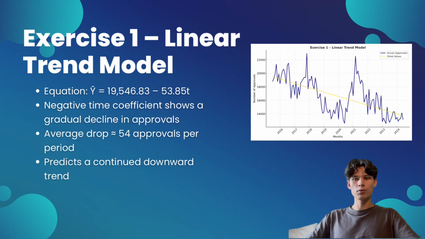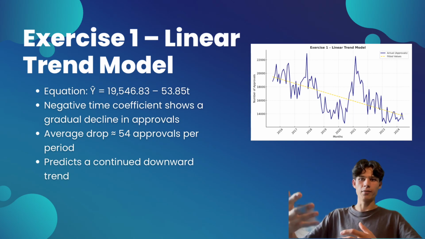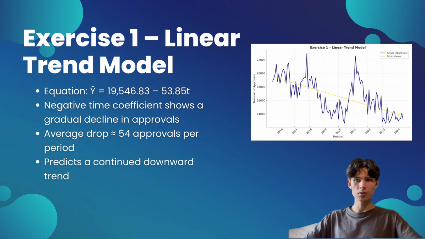So the first model is a simple linear regression that measures the overall trend in building approvals over time. The regression equation is y equals 19,546.83 minus 53.85t, where t is the time.